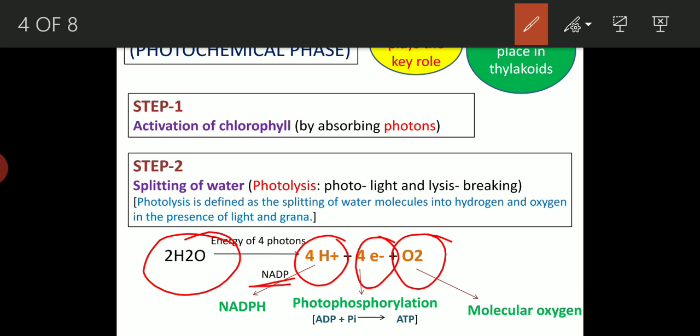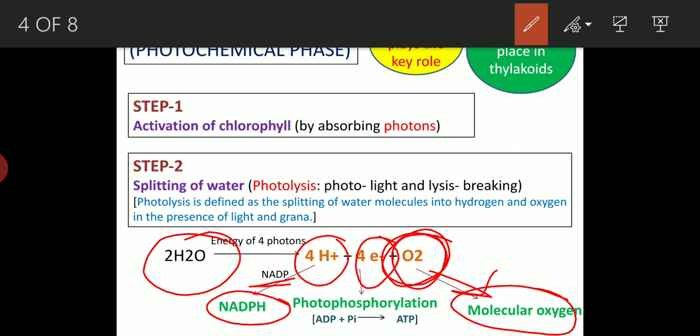This compound accepts the hydrogen ions and forms NADPH. The oxygen that is released will finally form molecular oxygen. Clear? That will then be utilized by living organisms for respiration.